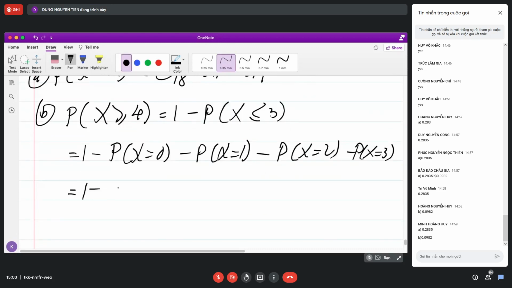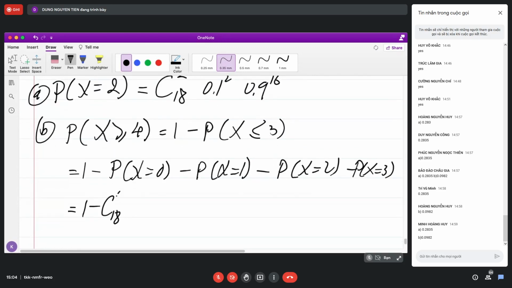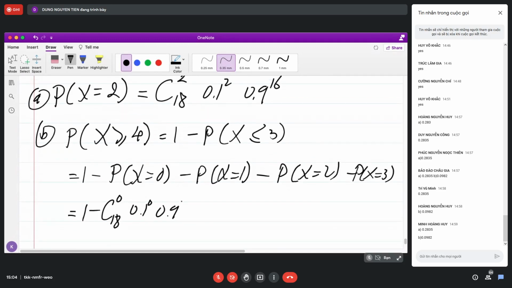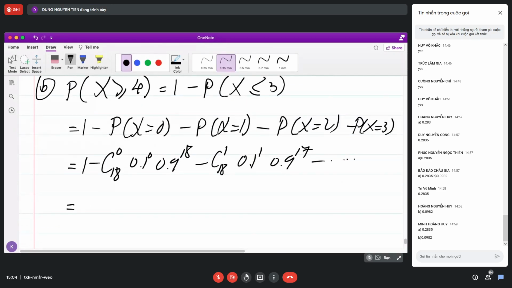Then you get 1 minus 18 choose 0, 0.1 to the 0, 0.9 to the 18, and you keep doing that, 18 choose 1, 0.1 to the first, 0.9 to the 17, something like that, and you can get the answer. All right, makes sense?